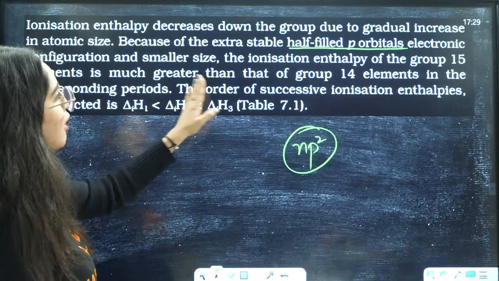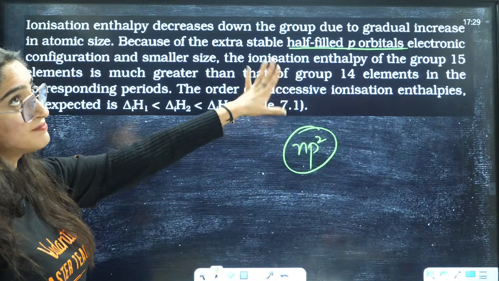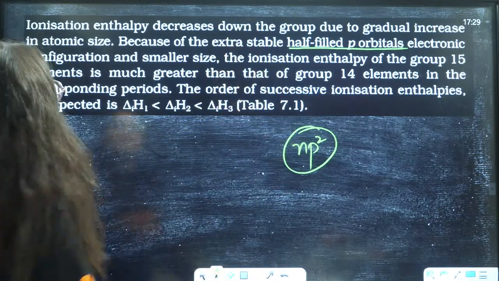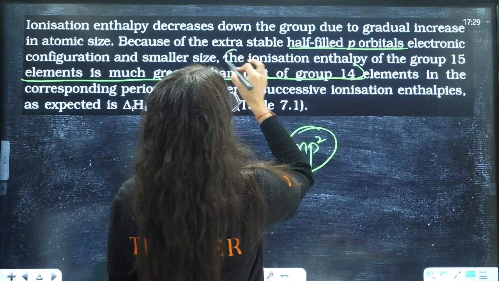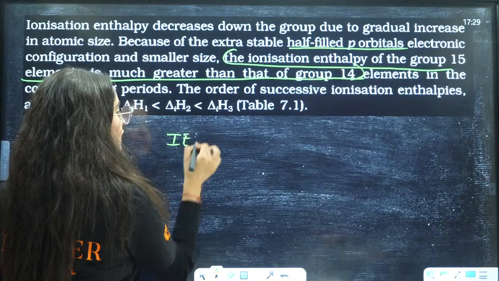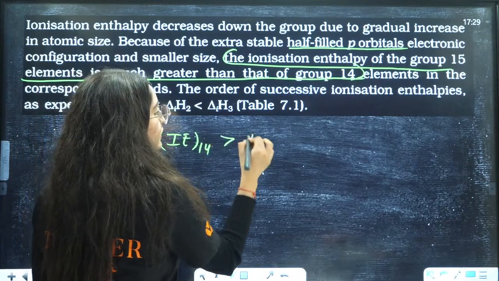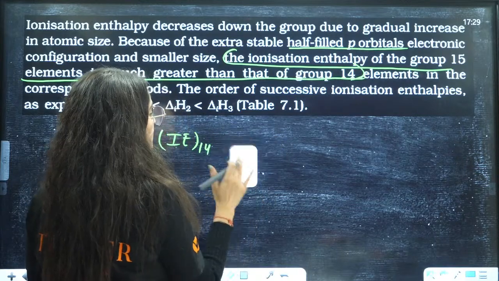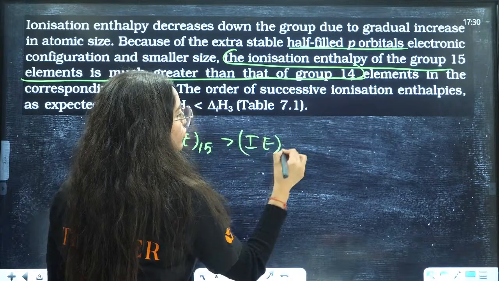So with half-filled p configuration and smaller size, the ionization enthalpy of group 15 is much greater than that of group 14, right?